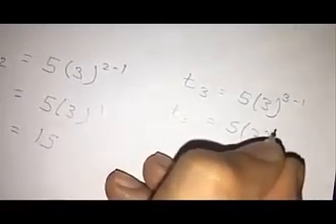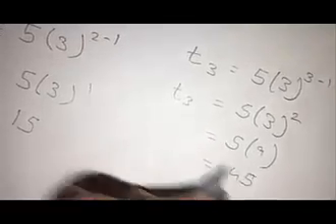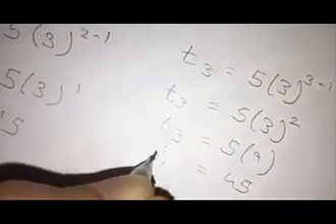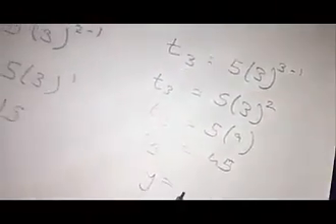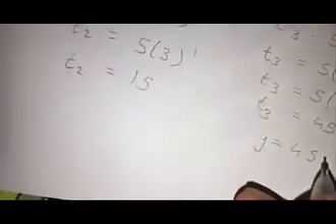So T3 is equal to 5 times 3 to the power of 2, which is 5 times 9, and that's going to be 45. So we found the y value, which is 45, because T3 equals y.